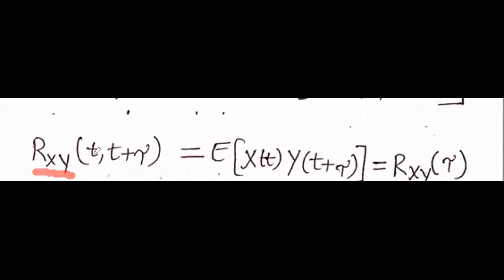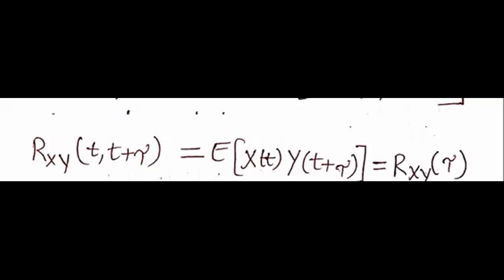Rxy of t comma t plus tau is equal to expected value of x of t and y of t plus tau, which is going to be equated with this Rxy of tau. And now we would like to see the conditions for joint wide sense stationary processes.